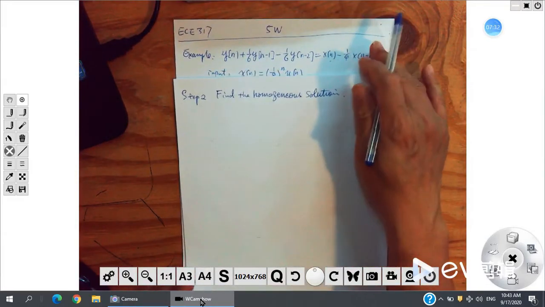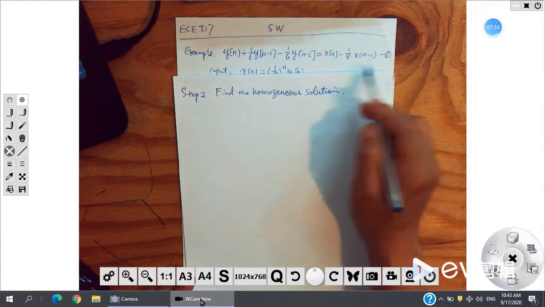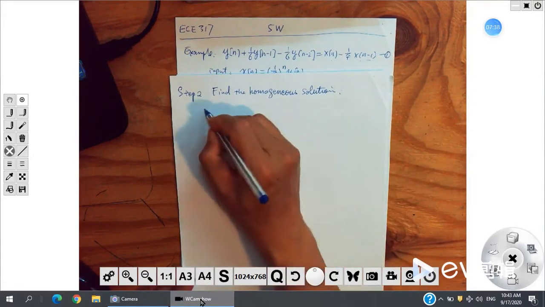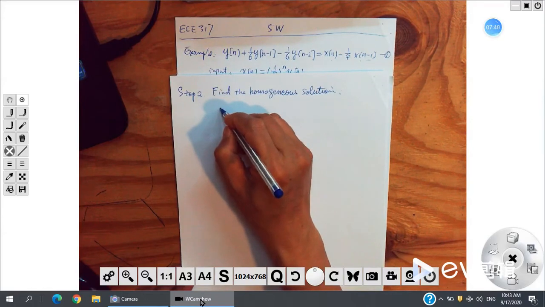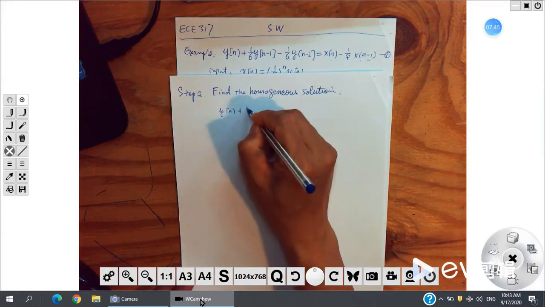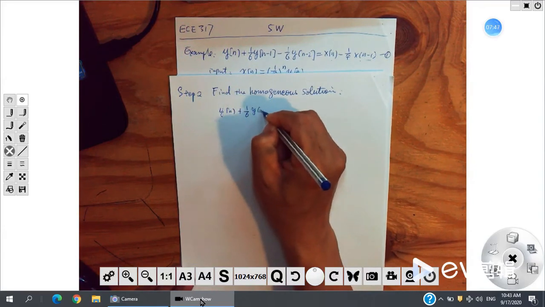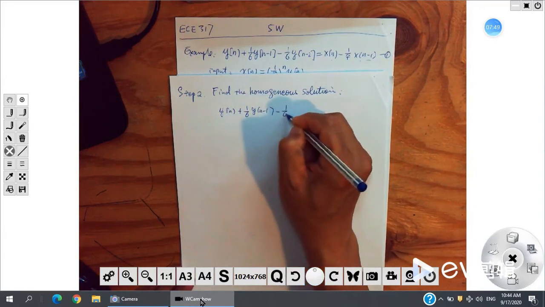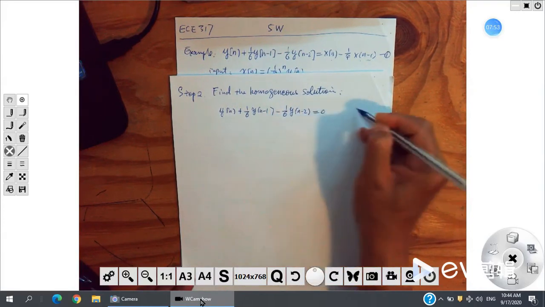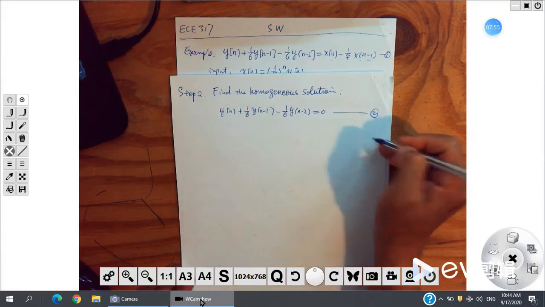You let x equal to 0. Homogeneous equation: consider the equation y of n plus 1/6 y of n minus 1 minus 1/6 y of n minus 2 equal to 0. This is equation 2, the homogeneous equation.